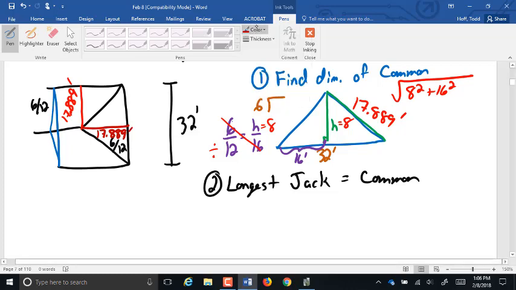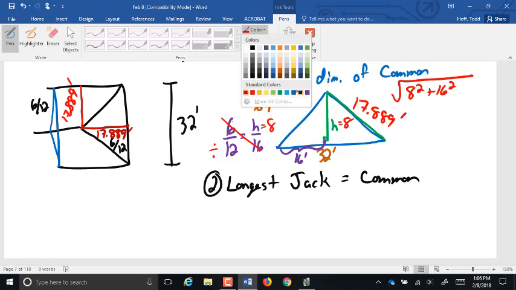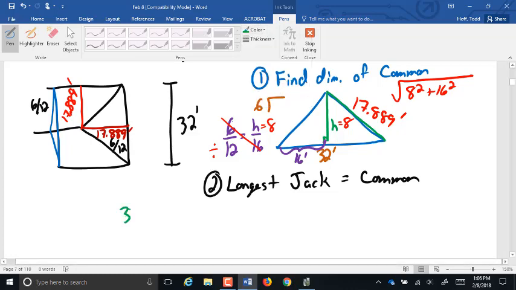So now step 3, length of the next jack. To find the length of the next jack, we're going to assume we have a 2-foot spacing here, 2 feet on center.